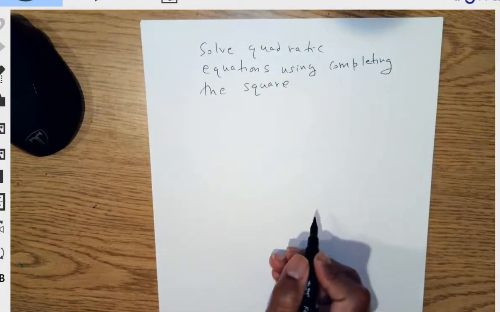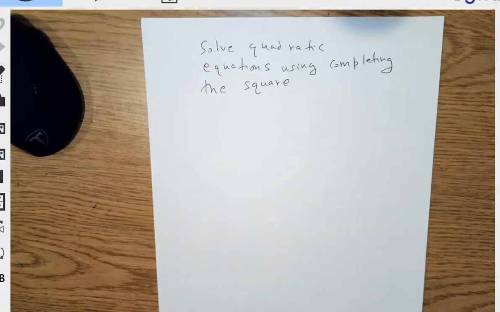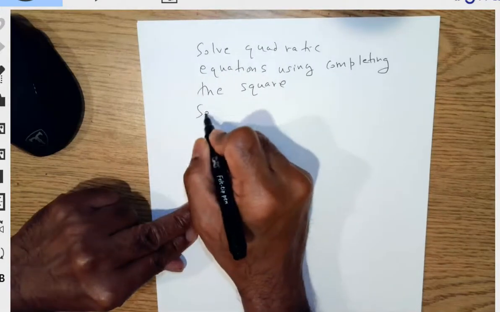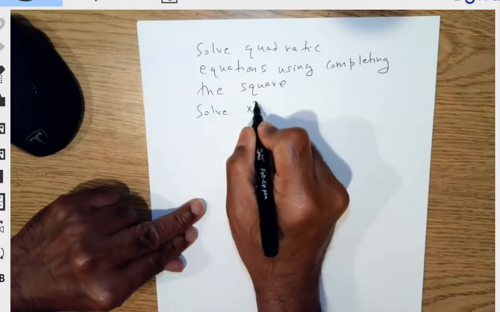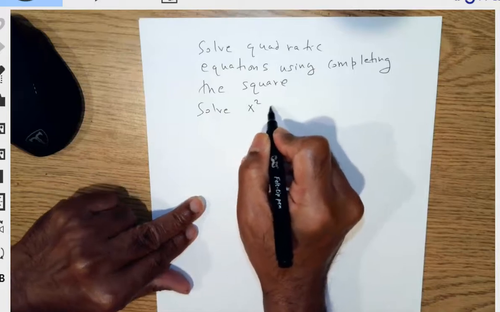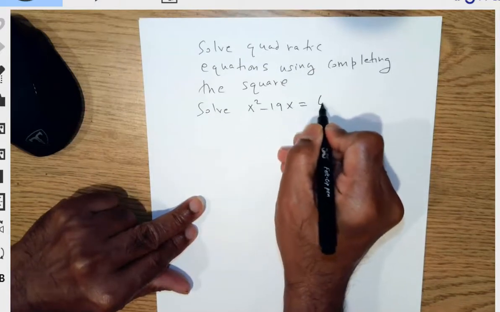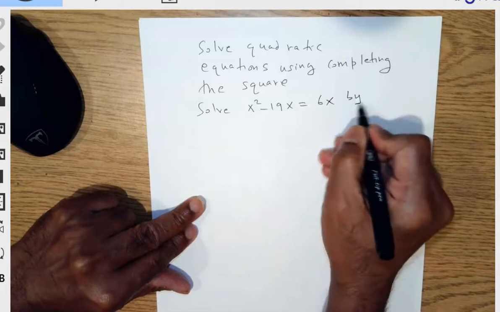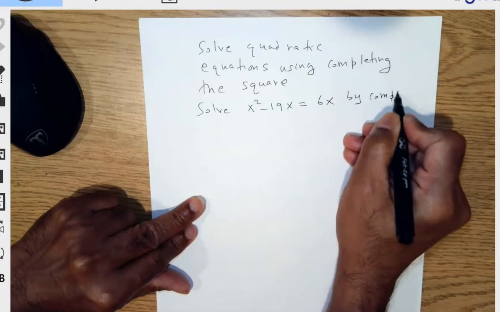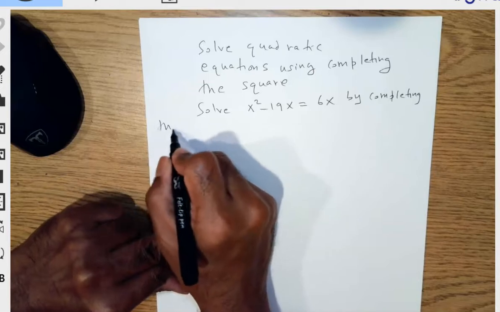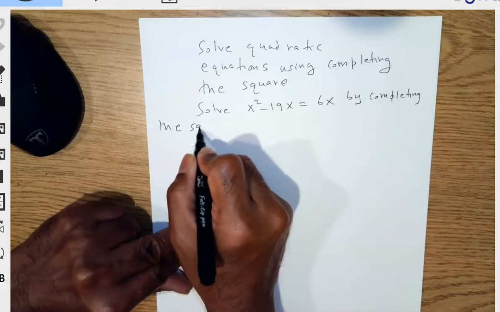So let's start with the question. So I'm going to do this question by completing the square.